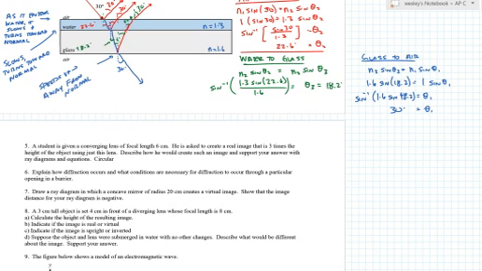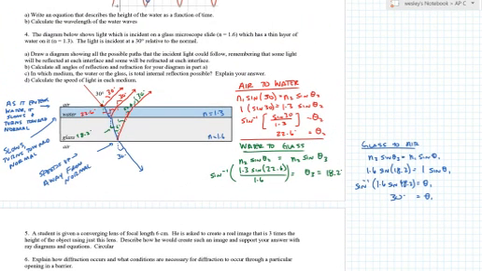Okay, so that was just the angles. In which medium, the water or the glass, is total internal reflection possible? Sorry about that. So, it's only possible in the glass.